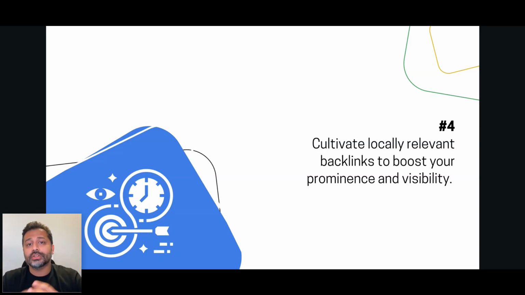Okay, the next thing you can do to boost your 3-pack visibility is to cultivate locally relevant links that link back to your website. We talked about this earlier. These are called backlinks. And while they don't hold the same disproportionate weight they once did, they are still a major ranking factor. There are a number of ways to get reputable backlinks, okay?